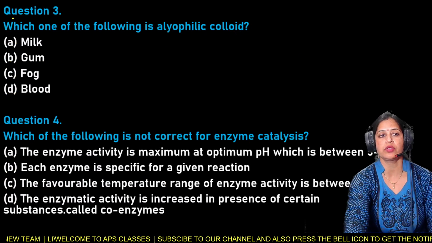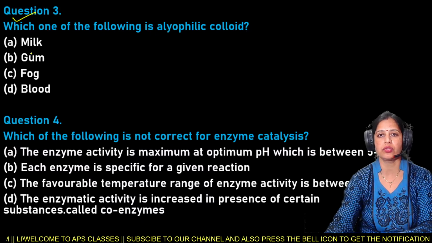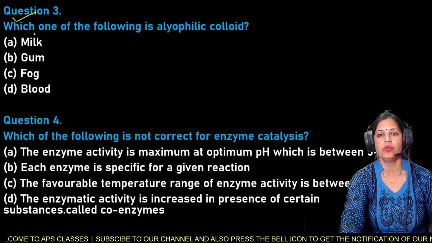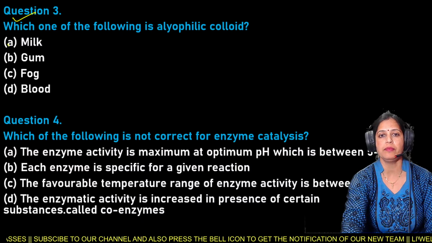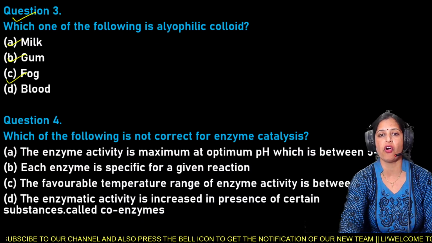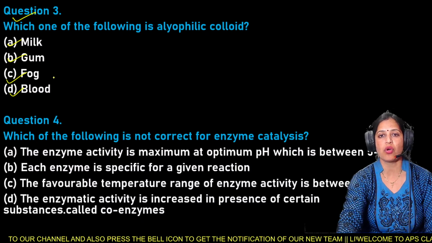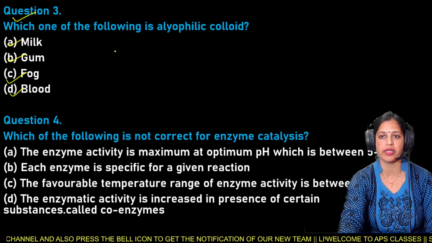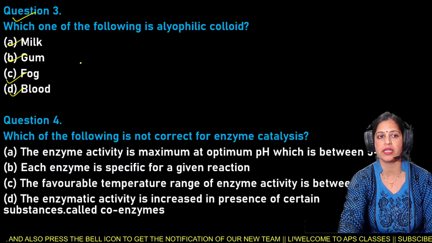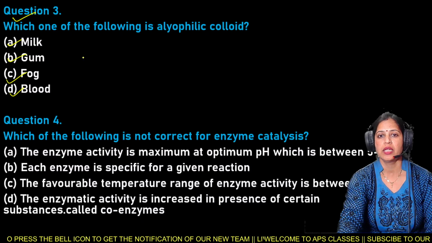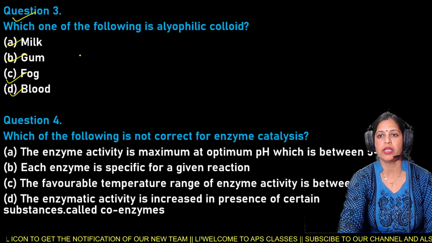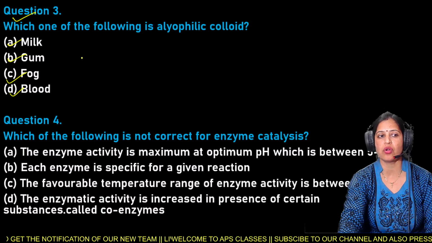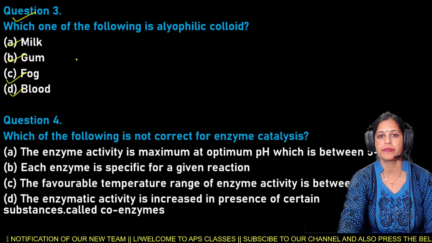Next is question number 3: which one of the following is a lyophilic colloid? Options are milk, gum, fog, and blood. Lyophilic colloid means a colloid that mixes properly with the solvent.